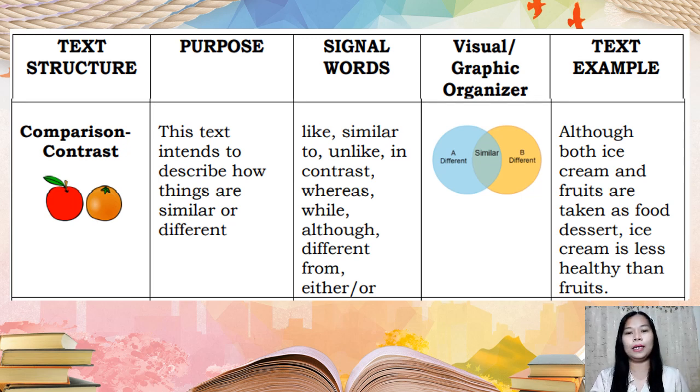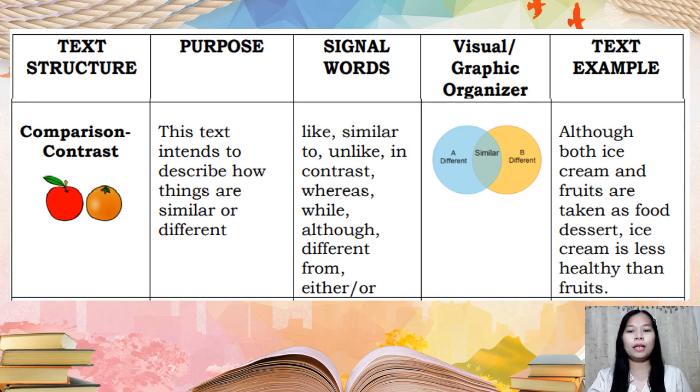And we are guided through the following signal words. We have like, similar to, unlike, in contrast, whereas, while, although, different from, either or. And the list might also go on.